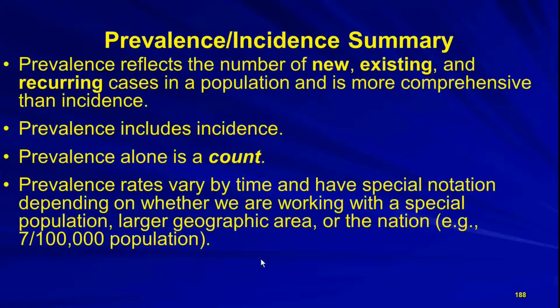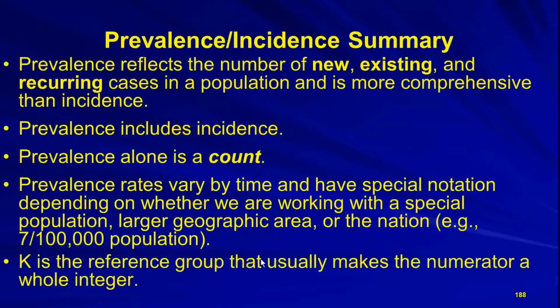And what I'm showing here is a national statistic where the cancer rate would be 7 per 100,000 population. So we used a special study group rather than using the national population, which is why we have an answer that's different. Okay? K is a reference group that usually makes a numerator a whole integer.